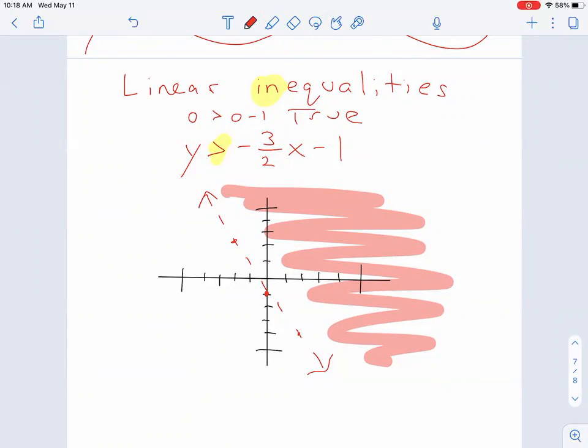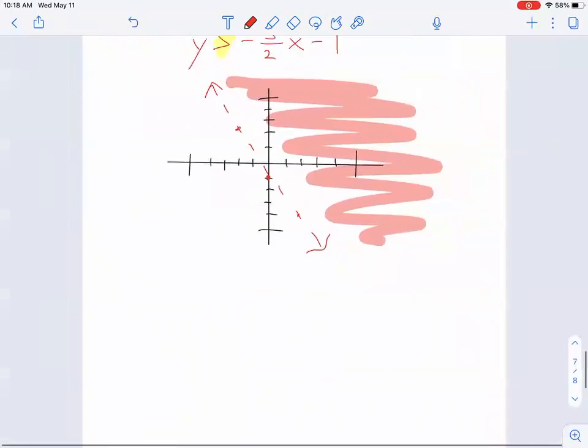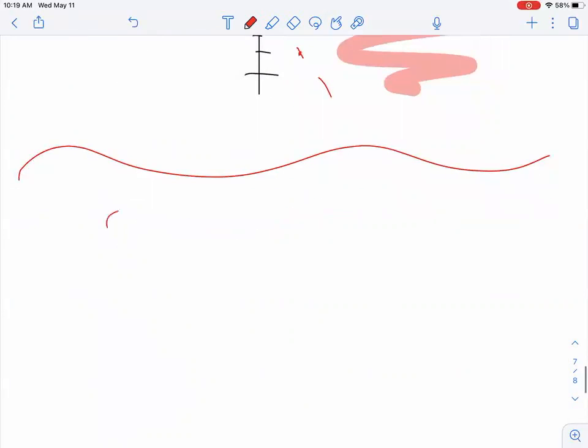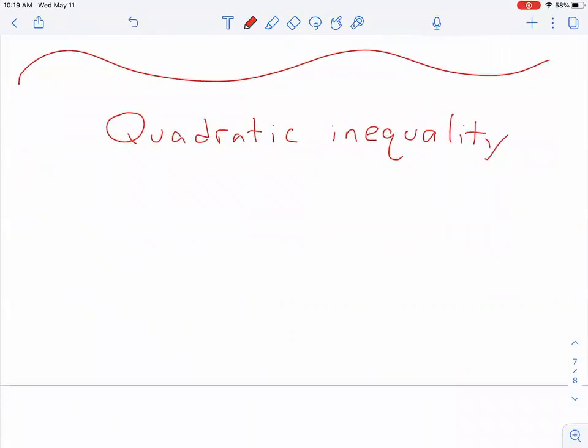All right, well, I'm going to ramp it up a little bit and go from a linear inequality to a quadratic inequality. All right, so we have a quadratic inequality. So now my x is not going to be to the first power, but it's going to be an x squared. So something like this, x squared plus 16x minus 16 is less than 0.